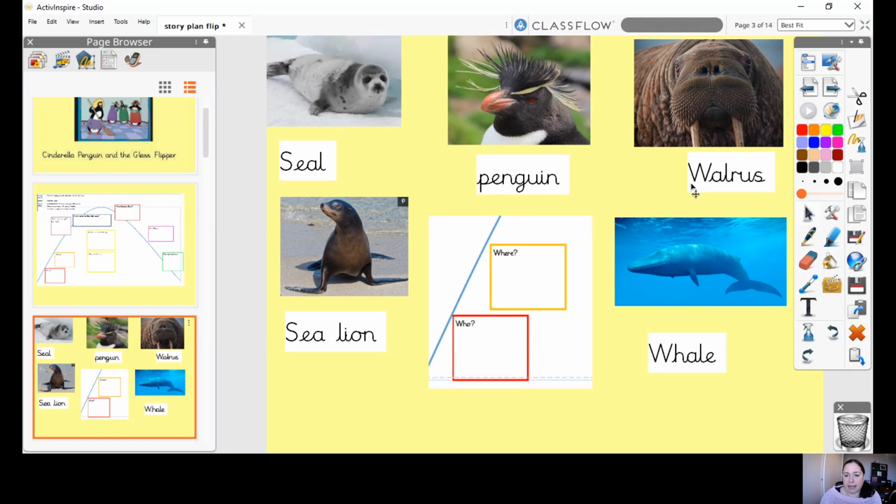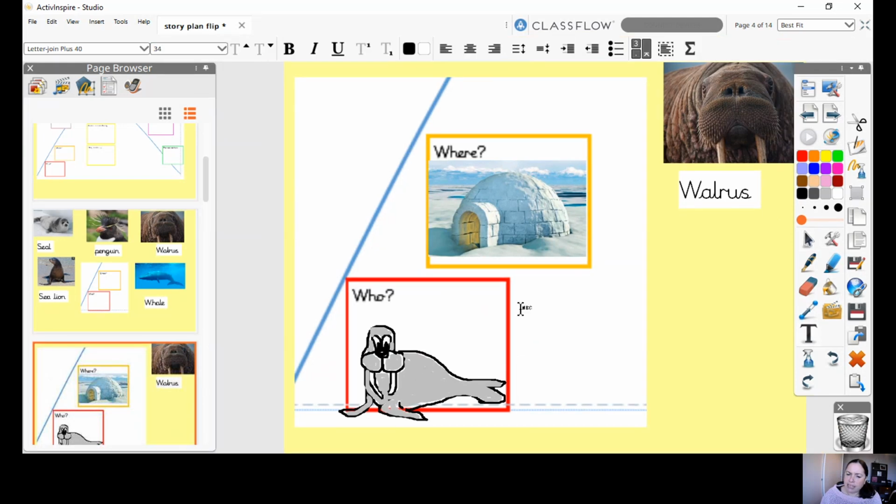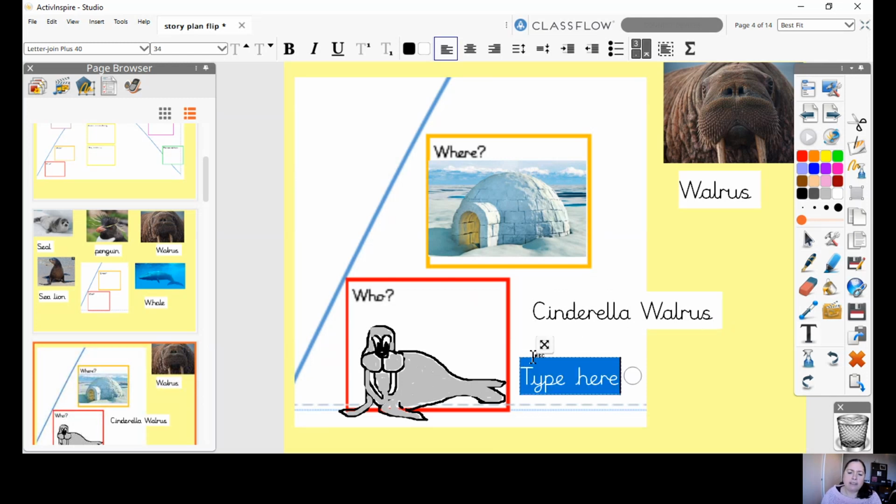So I had a little think about my story, which I want to plan, and I chose a walrus. Here's my walrus here. I had a good go at drawing a walrus, which isn't easy actually. Right, Cinderella Walrus. So that's going to be my title character. You can see that I've given Cinderella a capital letter because it's her name. And I'm going to just write some adjectives here to remind me what she's like.